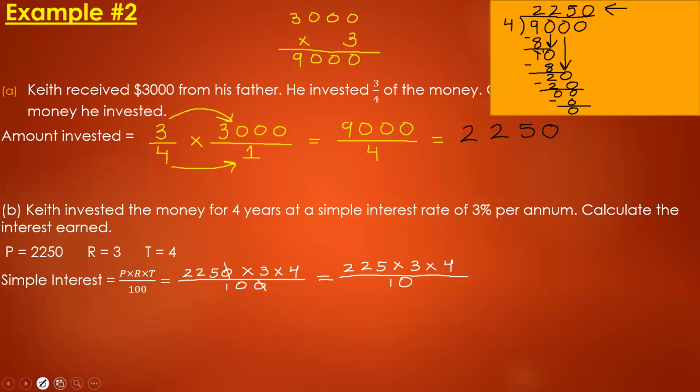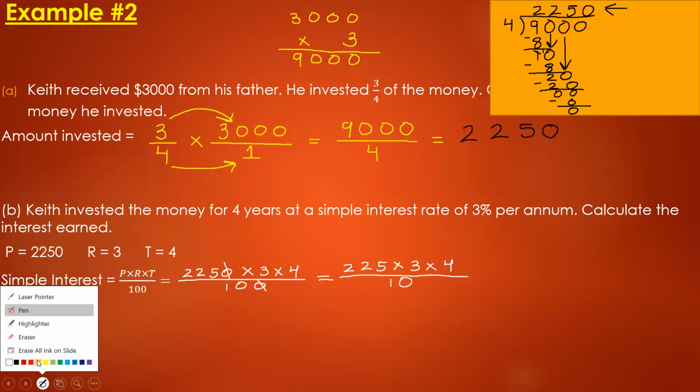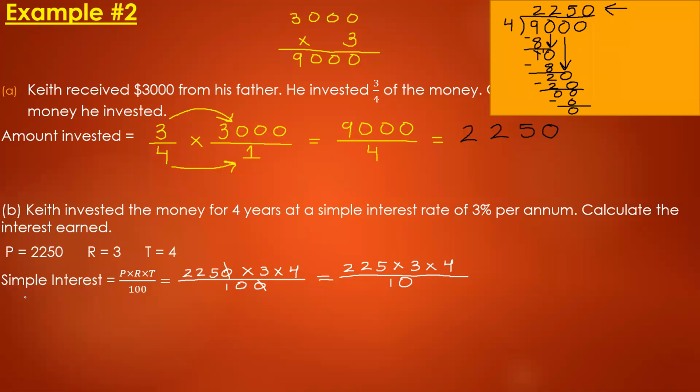All right, now we have to multiply 225 by what number? By 3. So 225 multiplied by 3.